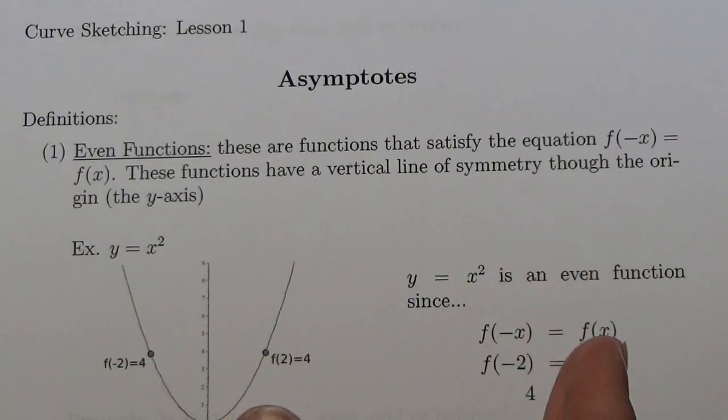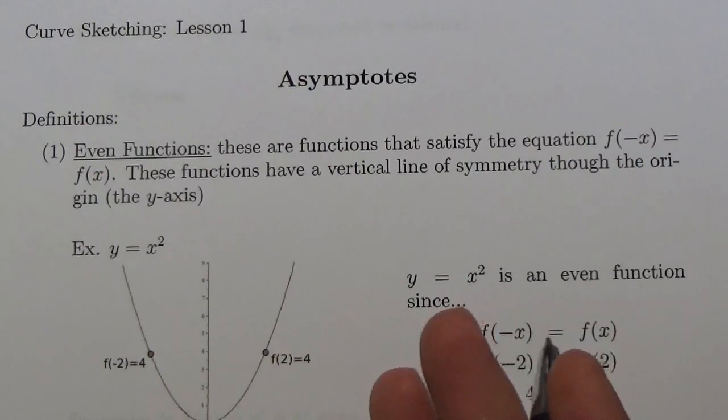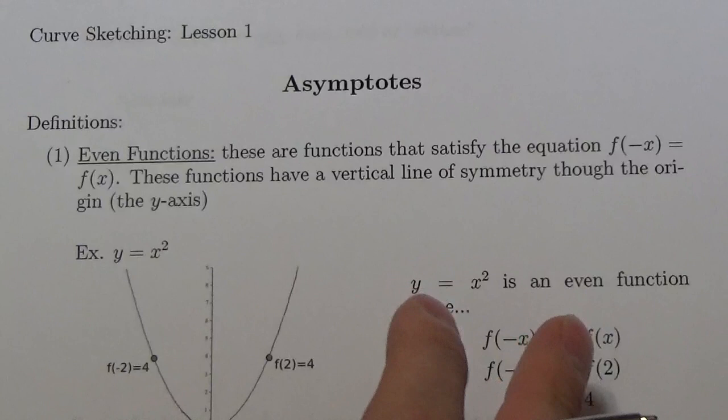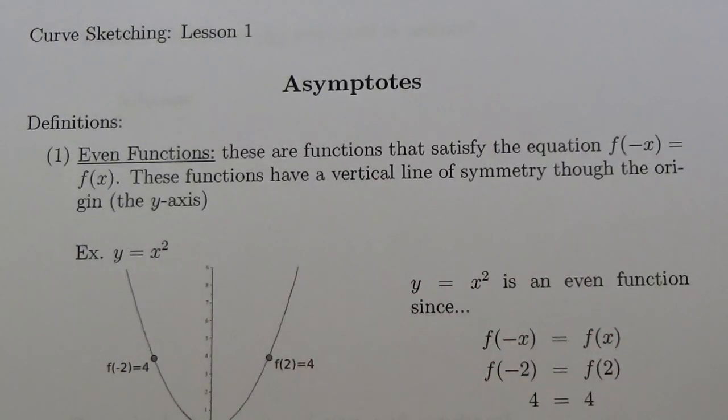You're going to get asked about it in this chapter, but where you're really going to see the benefit to understanding whether a function's even or odd is when we go to our last chapter on integration. But strictly speaking, it does apply here in this context.